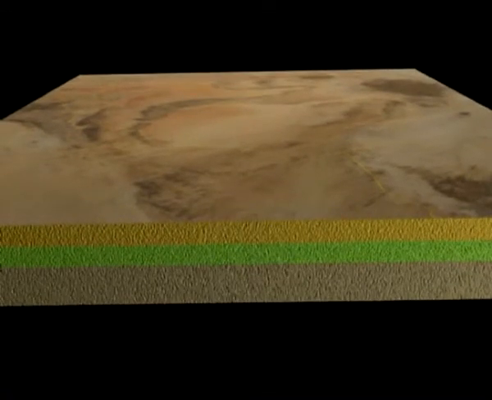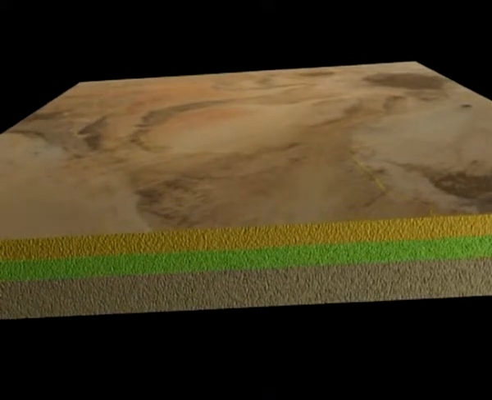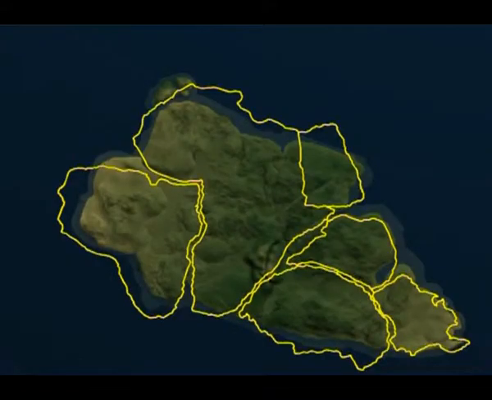Part of the Murzuq started moving upwards. We're still not quite sure why these movements took place. Certainly, Libya was not involved in any nearby plate collisions at that time. According to some specialists, the tectonic stress could have originated from Morocco.